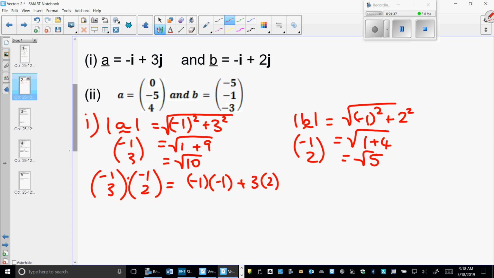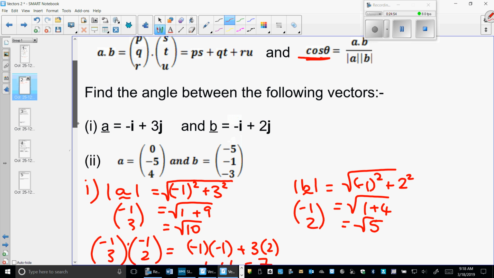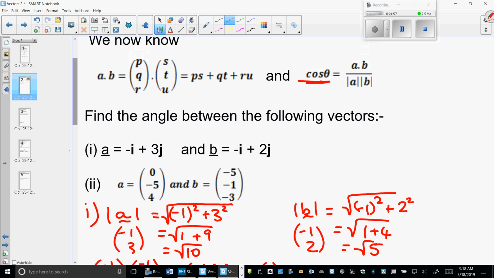So -1 multiplied by -1 is plus 1. So that's the components for that cosine rule.